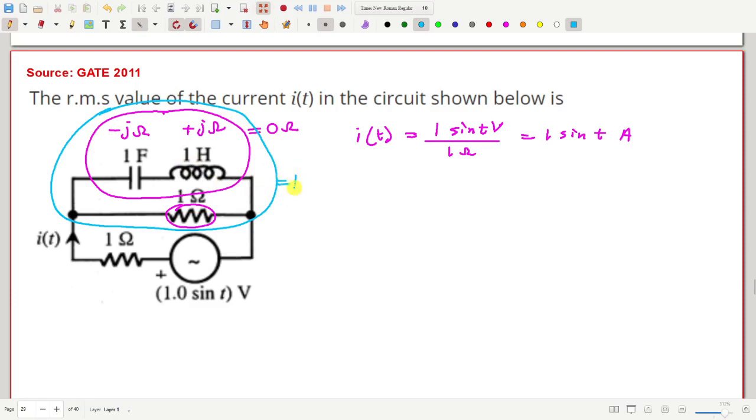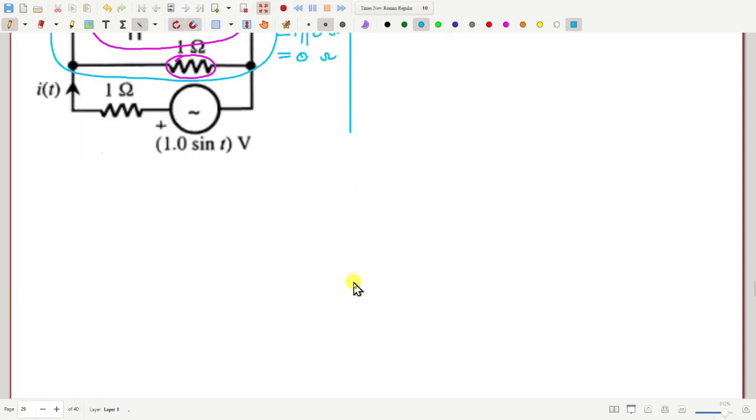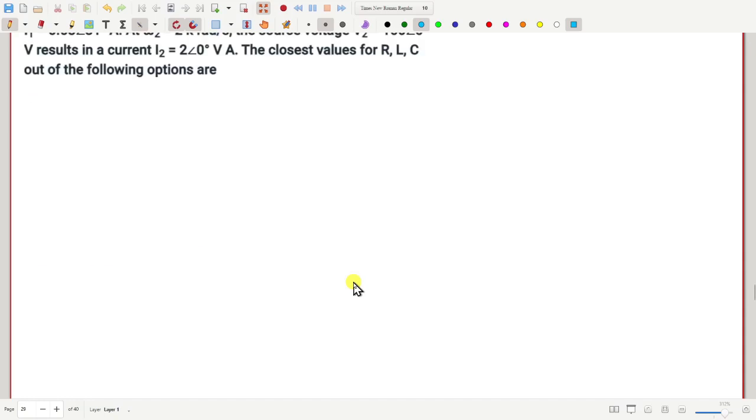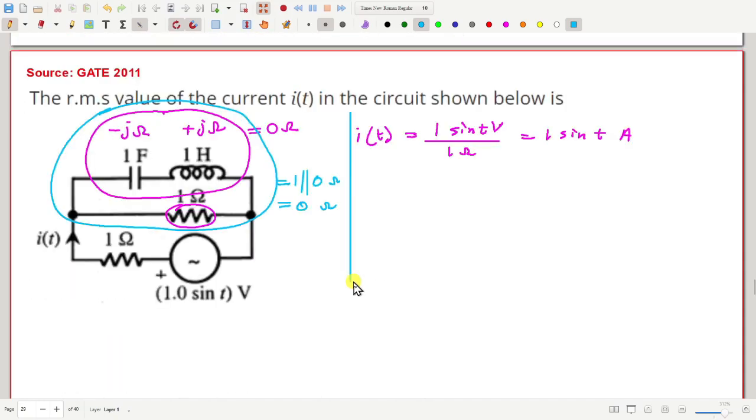This is 1 parallel 0, which is 0. So that part is effectively short circuited. Any question here? Okay, so it will be short circuited then. These upper two branches are effectively short circuit.